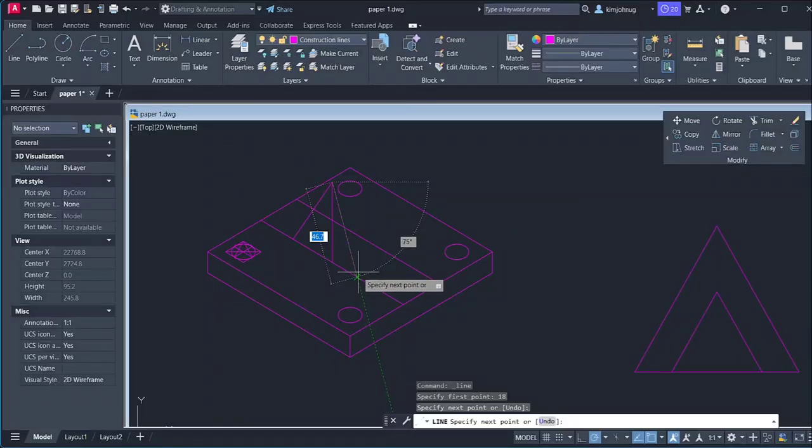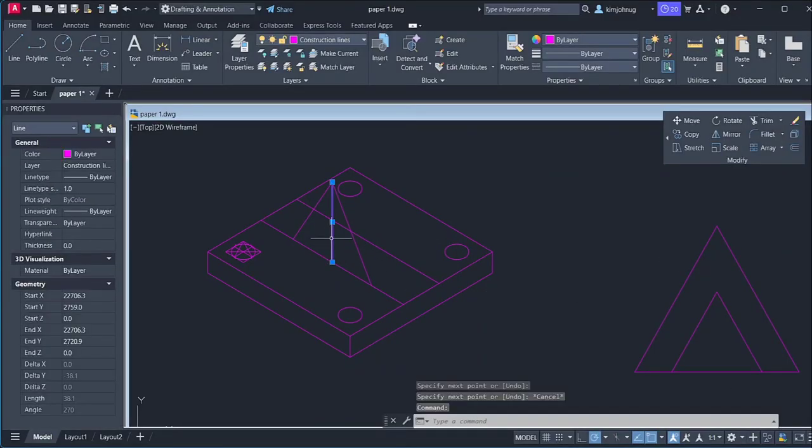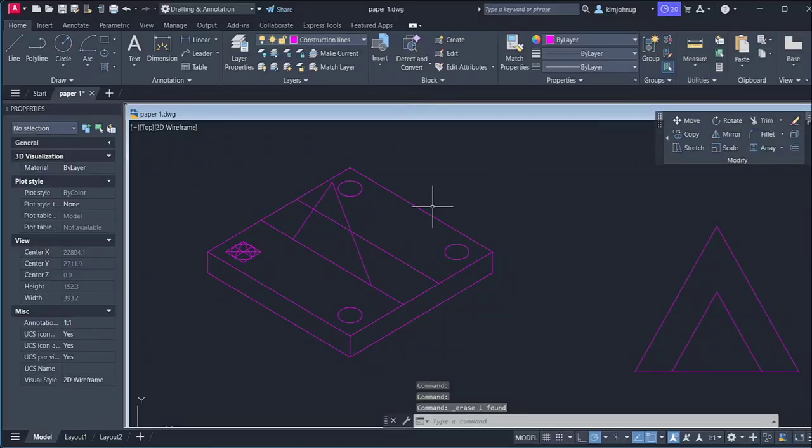Do the same thing on the other side, 18, then I join. So I've transferred this triangle here. The line is no longer important.